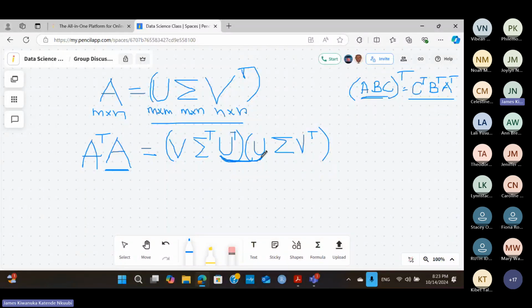So if I multiply U transpose by U, I will get the identity. So I can drop this middle part. Then I will have this as V sigma transpose multiplied by sigma. Then this is V transpose on this other side.